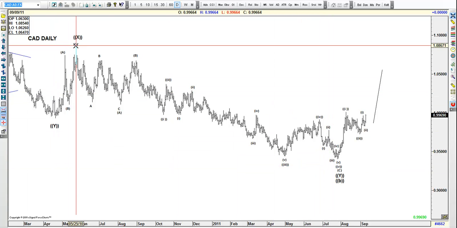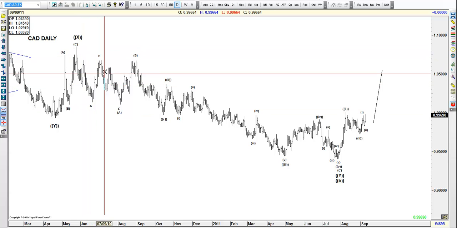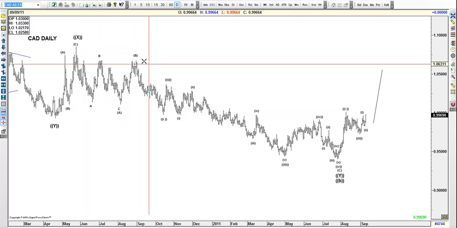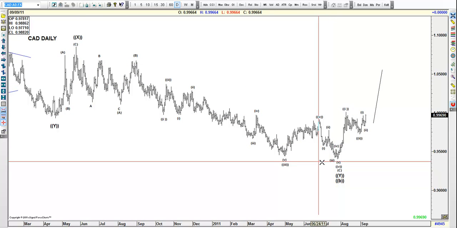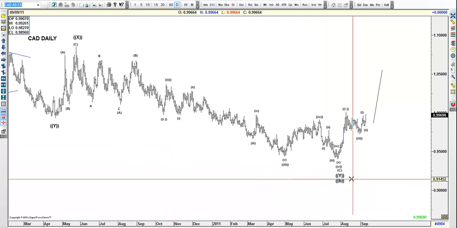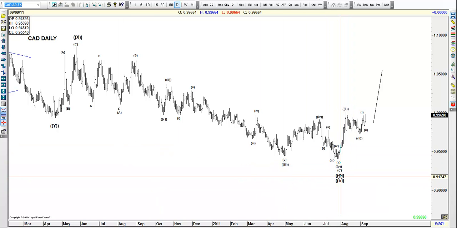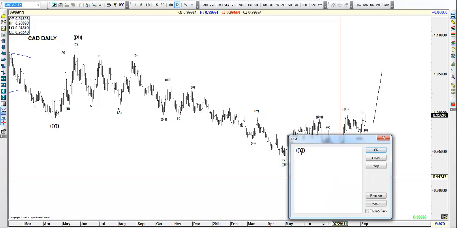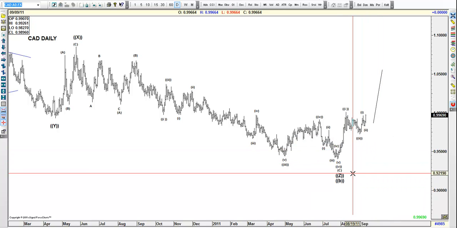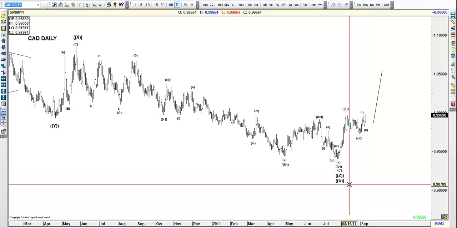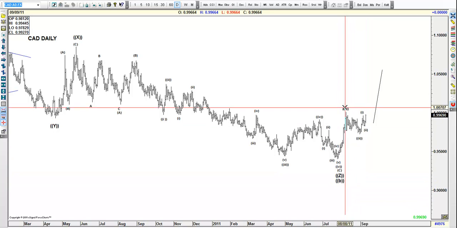So what we're labeling is A, B, C, A, B, and a flat C wave to finish this leg, which is C, I believe. Yeah, the label is wrong right here. It is C right here on a triple zigzag within the C, within this B wave, and then from there 1, 2.